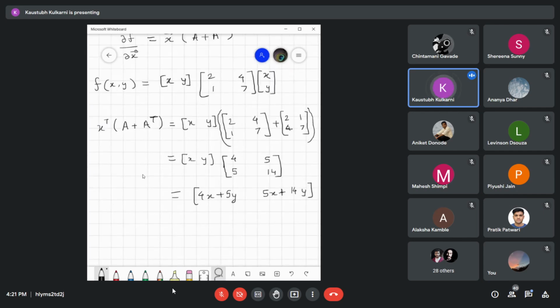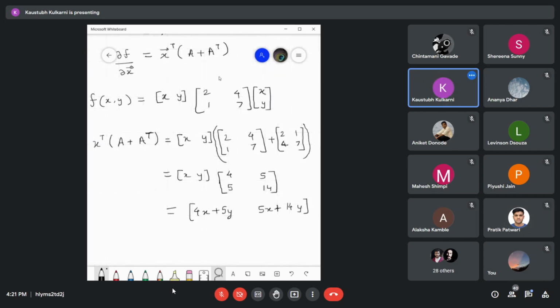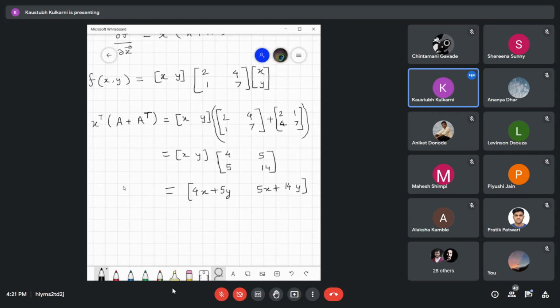Now if we would have calculated without using this property, how it would have looked like.